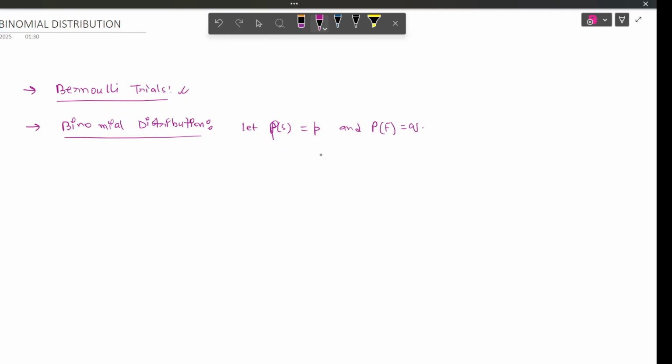Then success and failure should add to 1, right? So p plus q should give 1.